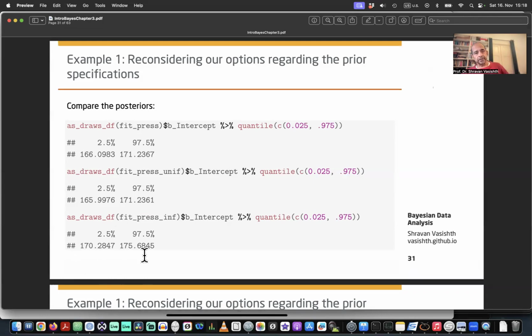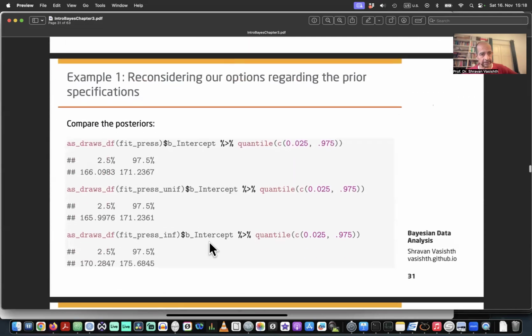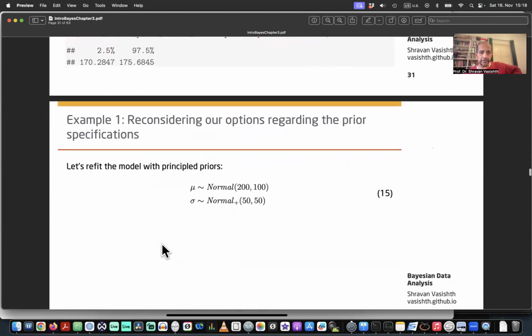So this tight prior is actually pushing the posterior to the right a little bit. With a very informative prior, you end up with the posterior being influenced more by the prior specification.